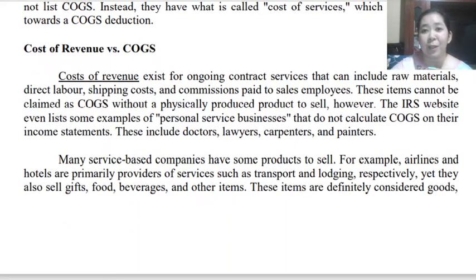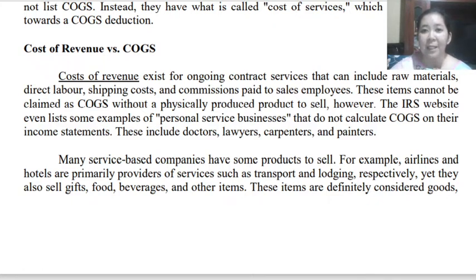Cost of revenue versus cost of goods sold. When we say cost of revenue, this exists for any ongoing contract services that can include raw materials, direct labor, shipping costs, commissions, and others. These items cannot be claimed as cost of goods sold. Cost of revenue is for an ongoing contract, and later on we will have an example of that.